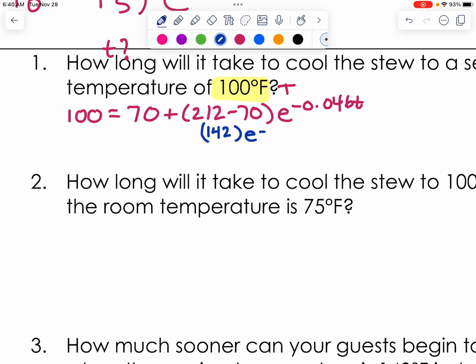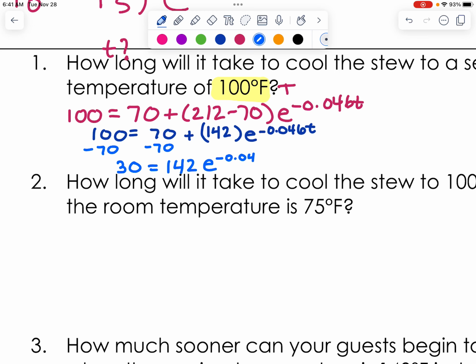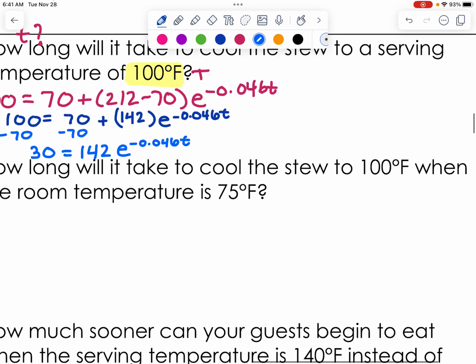Bring everything else down. And now I want to solve this for t. So I'm going to start by subtracting 70 from both sides. And I get 30 equals 142 times e to the power of negative 0.046t.